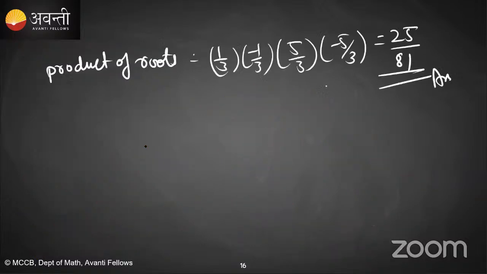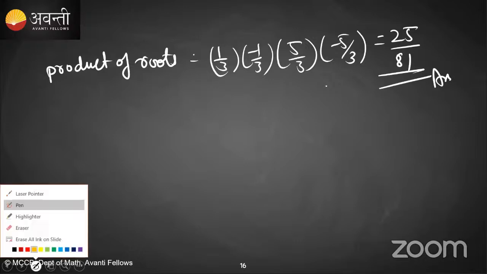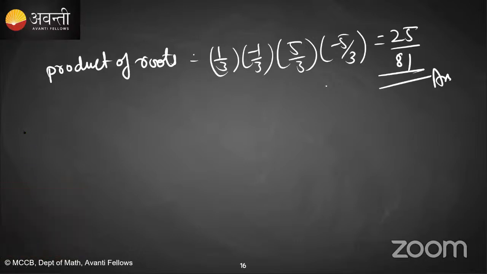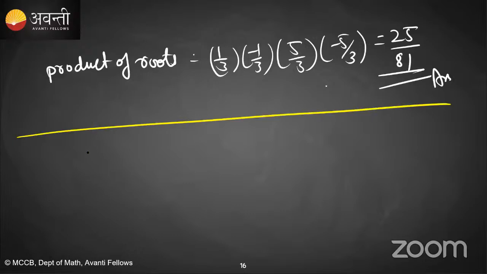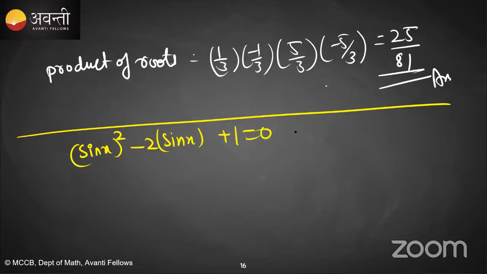Is it clear now? Everyone, tell me. देखो कहने का मतलब क्या है कि let's say if I ask you, everyone pay attention here. Let's say this is some equation. If I ask you sin x square minus 2 sin x plus 1 is equal to 0, and I ask you find the root of the equation.